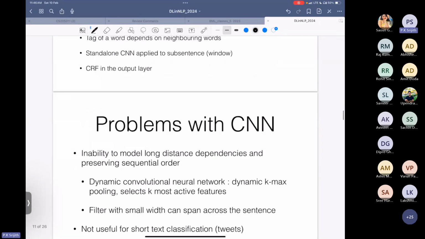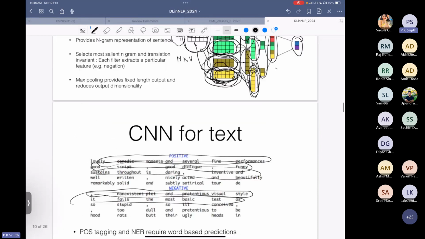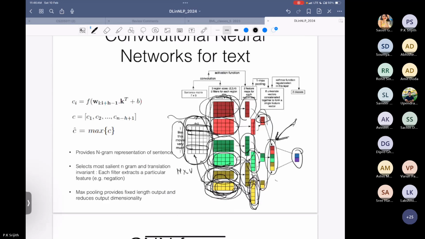Yeah, so if you look at the way in which these CNNs have been used, you always have to design a filter which is of something like 2 cross V or 3 cross V. And when you have a 3 cross V filter, it will be looking over all these 3 word subsequences in the sentence and trying to extract some feature out of it.